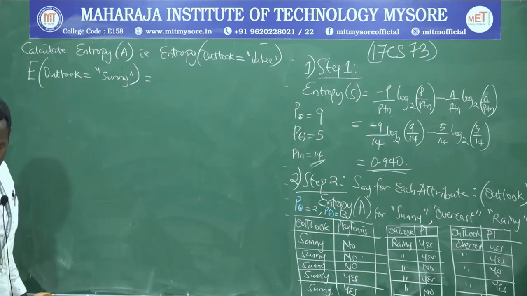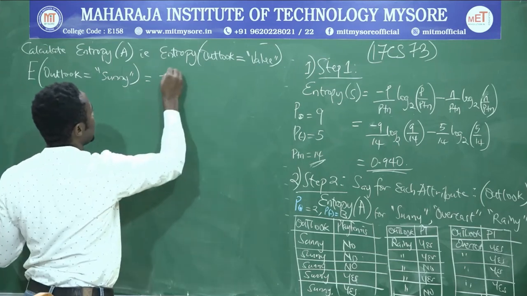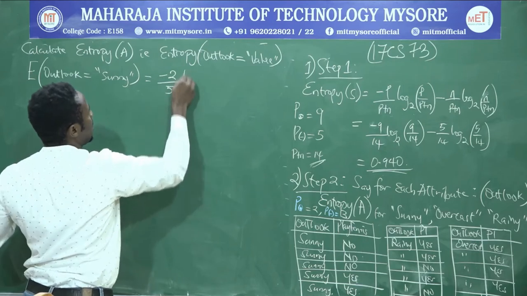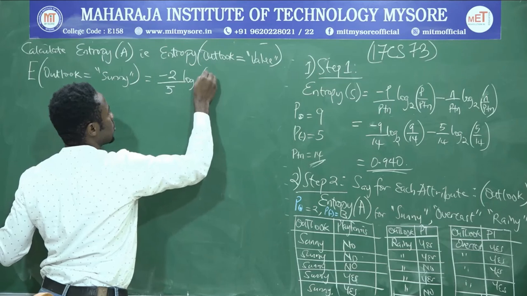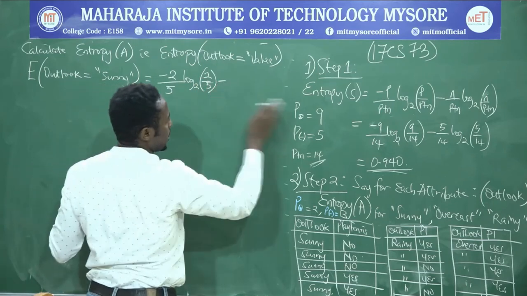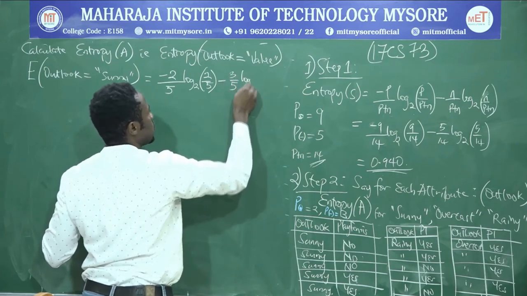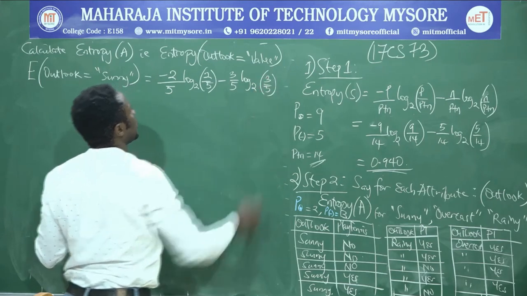So this is what we are going to plug in now. We plug in the same value there, which is: minus 2 upon 2 plus 3, which is 5, log base 2 of 2 upon 5, then minus negative samples, 3 upon 5, log base 2 of 3 upon 5.